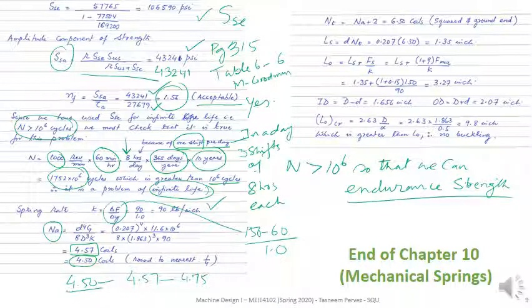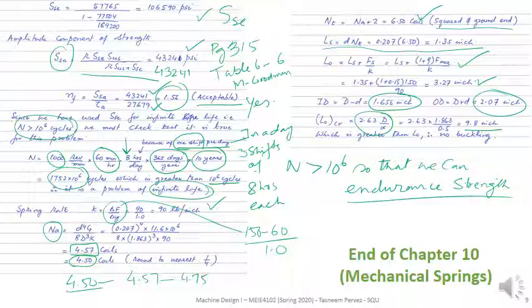Once I have the active coils, I can calculate the total number of coils based on the end condition. I can calculate the shut length. I can calculate the free length, right? I can calculate the inner diameter. I can calculate the outer diameter, and I can also calculate the critical length, which comes as 9.8.